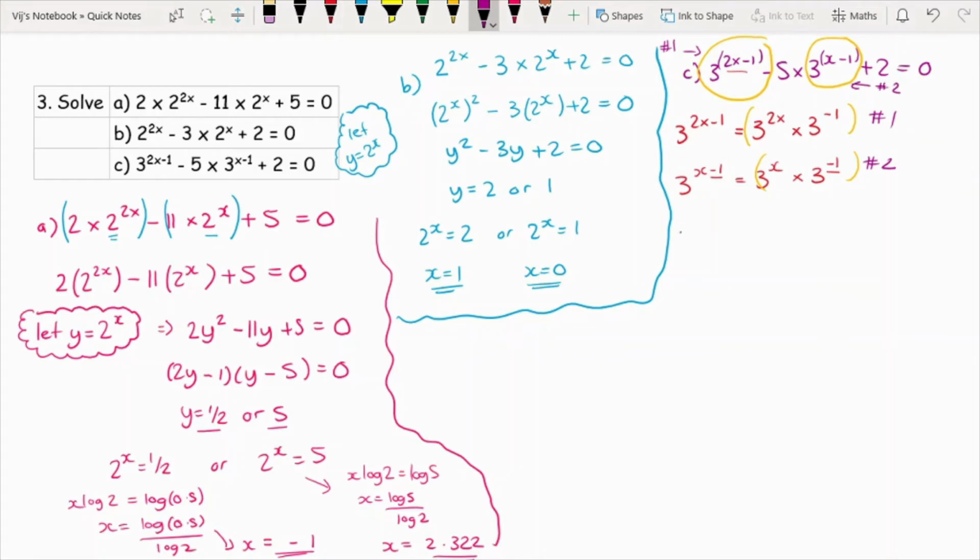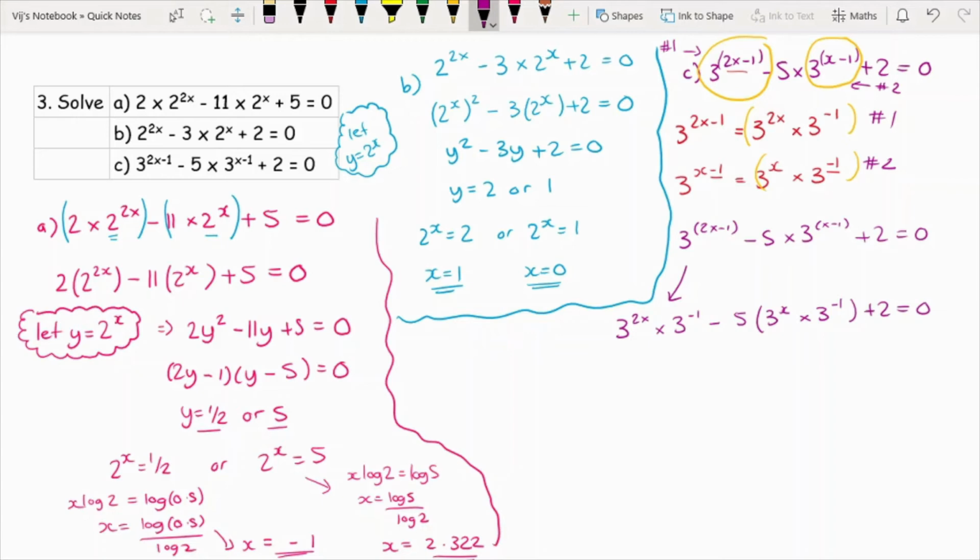So what I've got, if I start by writing the question out again, is 3 to the 2x times 3 to the power of minus 1, minus 5 lots of 3 to the x times 3 to the power of minus 1, plus 2 equals 0.